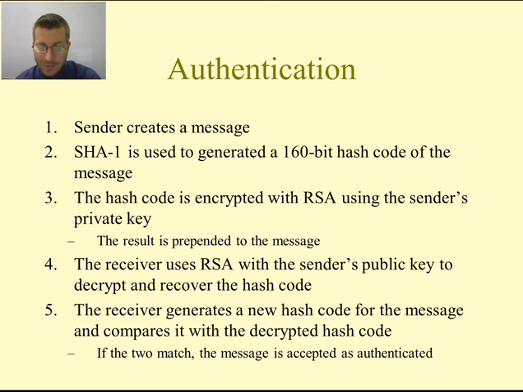And so what we're able to do here is to make sure that the message that was sent was the same as the message that the sender intended to send, and we can verify that the sender really is the person who claims to have sent it, since the hash code was encrypted with the sender's private key.